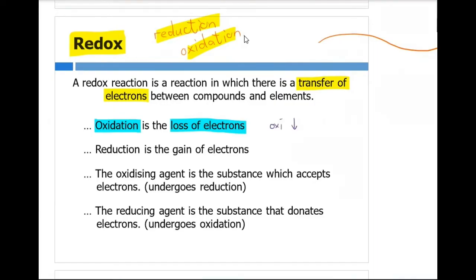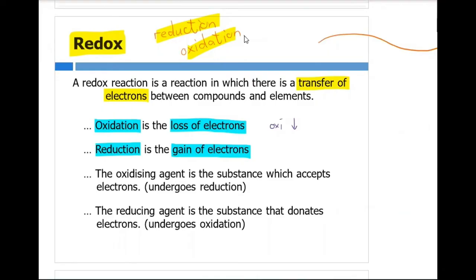Oxidation is the loss of electrons, and then reduction is the gain of electrons. So if one substance undergoes oxidation and the electrons are lost, they do go somewhere. They're not just lost. We just mean that that substance has given its electrons, right? So please don't just think of electrons as lost, and we always account for everything that is lost must be gained.